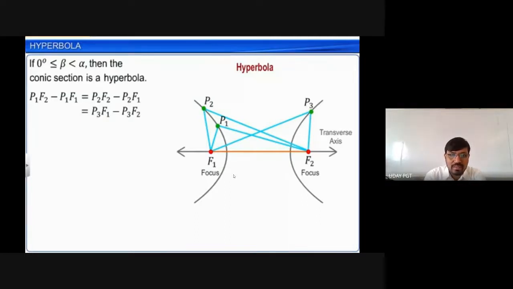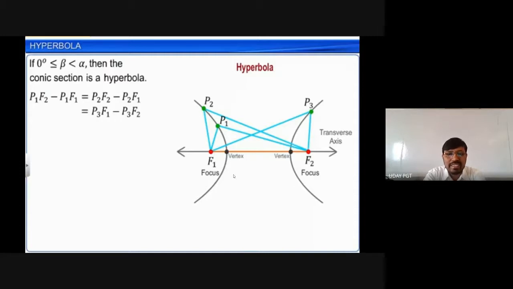In case of ellipse, the line segment joining the two foci is called the major axis, but here we call it the transverse axis.